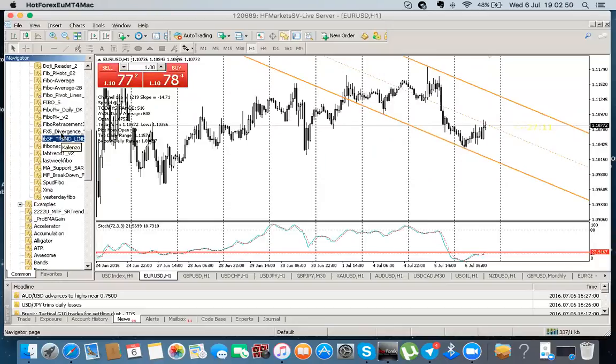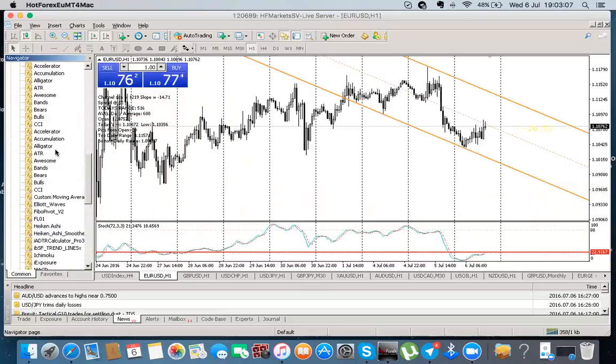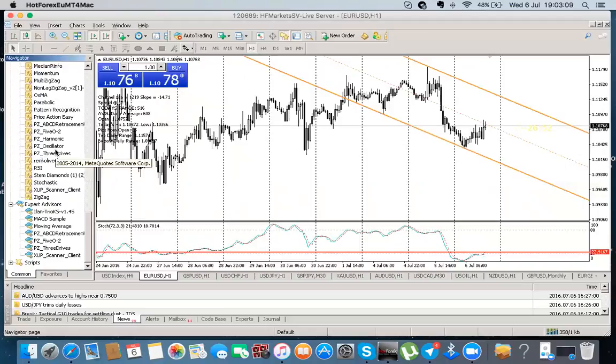The pivot Fibonacci is also an automatic indicator that shows you the daily pivot and the daily resistance levels on the Fibonacci ratios. Let me just add that.